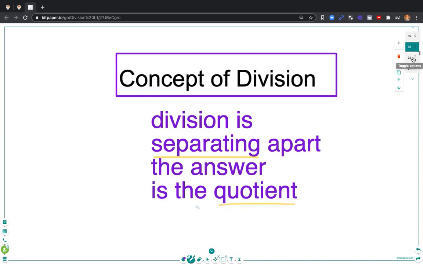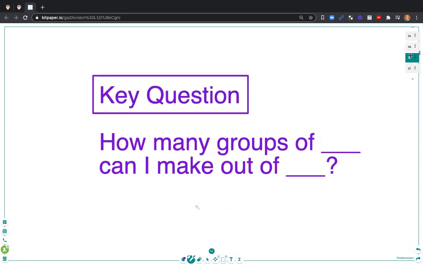The answer is the quotient. My key question I'm going to come back to today is: how many groups of blank can I make out of blank? This is more language for division.